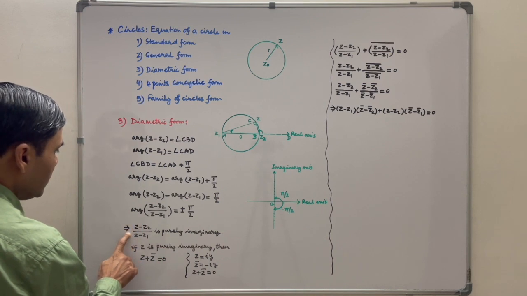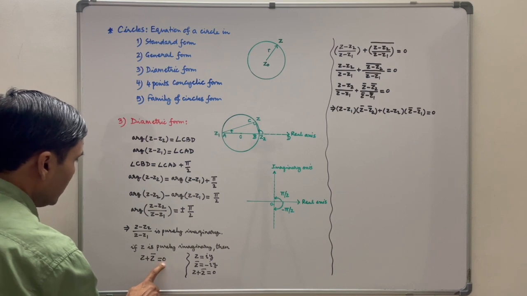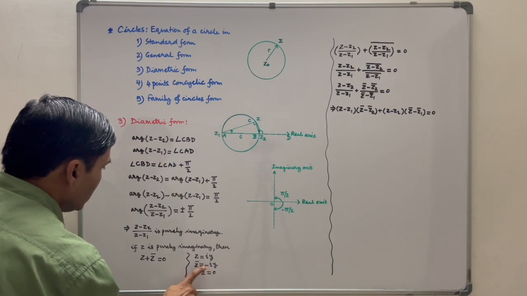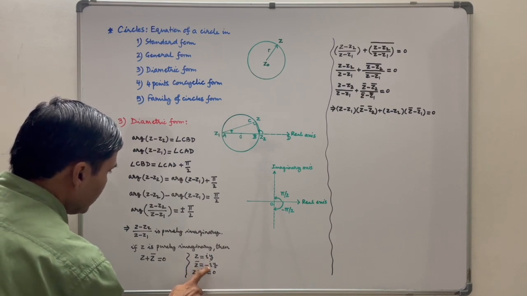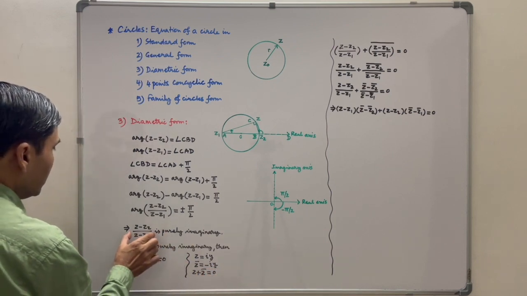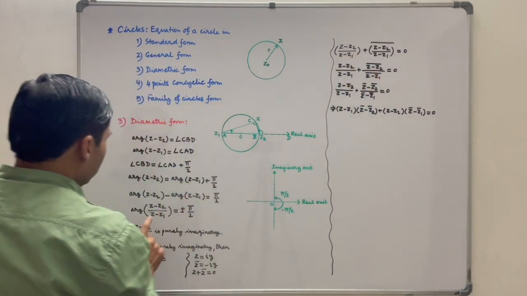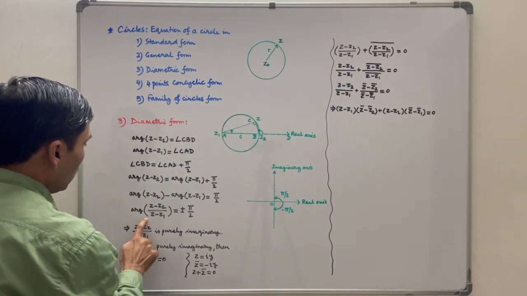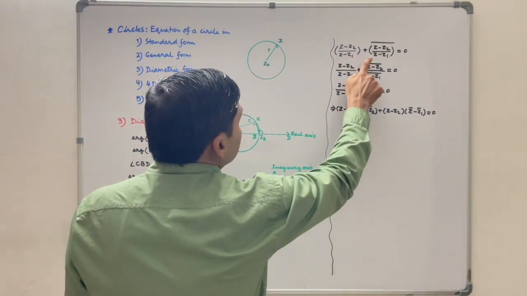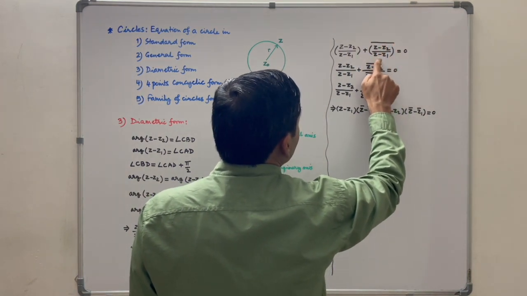Suppose a complex number is purely imaginary. So Z plus Z bar is equal to 0. Let us see how. Suppose Z is equal to iy, so Z bar is equal to minus iy. So Z plus Z bar is equal to iy minus iy, that is equal to 0. So we can write (Z minus Z2) upon (Z minus Z1) plus ((Z minus Z2) upon (Z minus Z1)) whole bar is equal to 0. Now ((Z minus Z2) upon (Z minus Z1)) whole bar is in the form (Z1 upon Z2) whole bar.